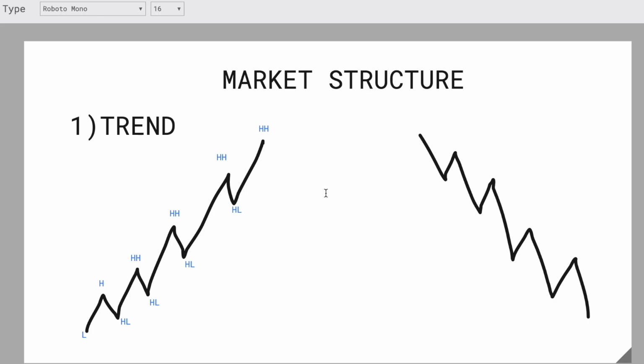However, the downtrend looks very similar. This is our high. This is our low. This is our higher low. This is our lower low. This is our higher low. This is our lower low.